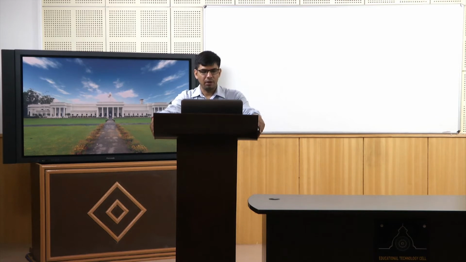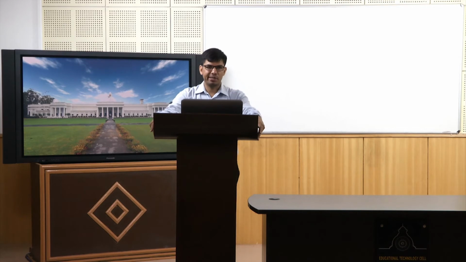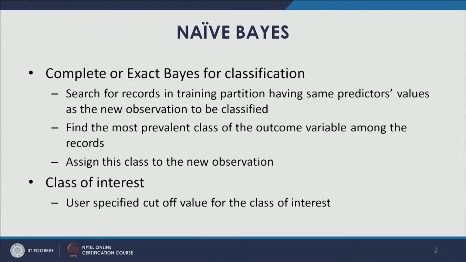We will have to find the most prevalent class of the outcome variable among the records we have listed in the first step. Now, this particular class, in the third step, is going to be assigned as the class of the new observation.